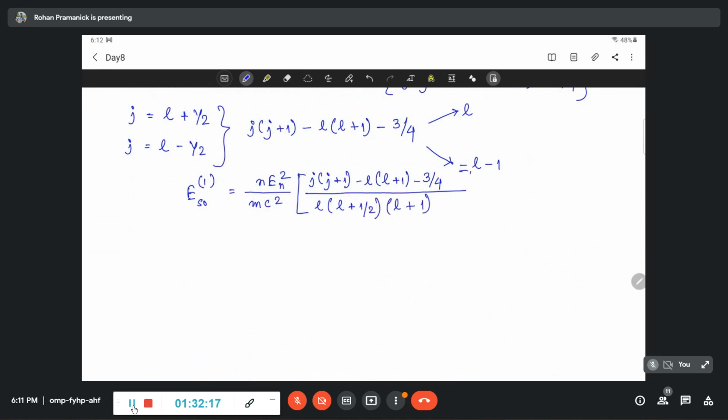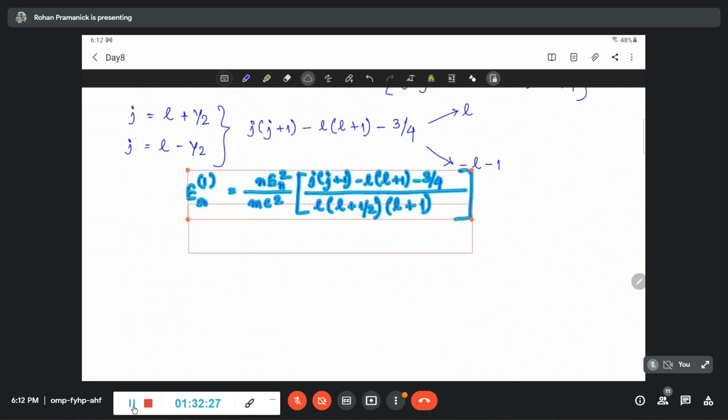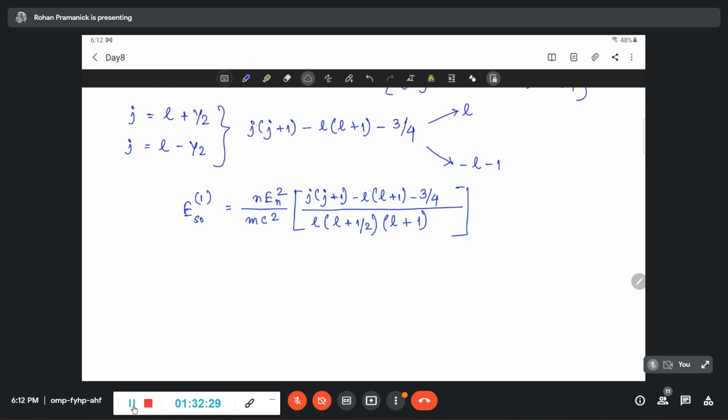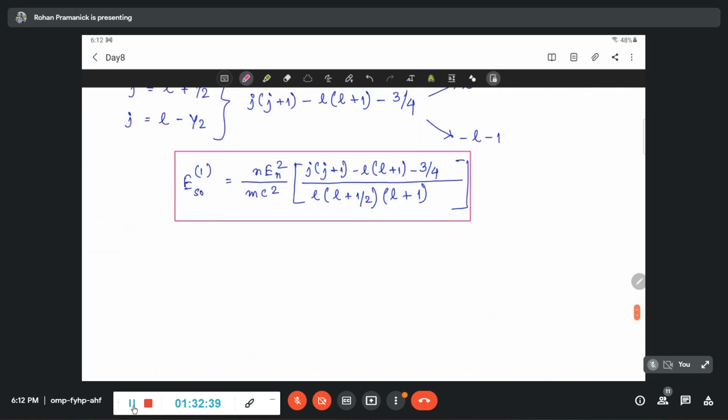Okay, so this is the correction due to the spin orbit coupling. Let's make it a box over here. So this is the spin orbit coupling, right?